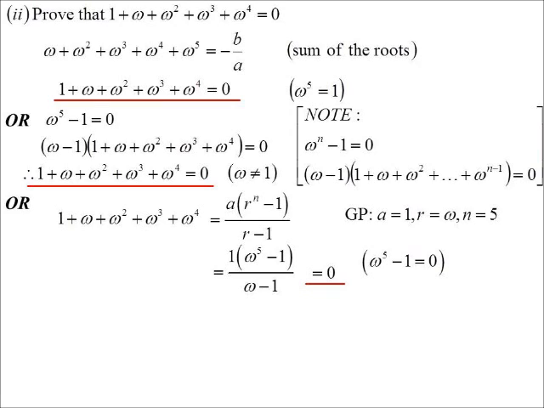But hang on, omega to the power of 5, we know that's equal to 1. So that equals 0. So there's a third way we can solve that particular problem. So each one approaching from a different way. One using our series ideas, one using polynomial ideas, and one just using basic factorisation.